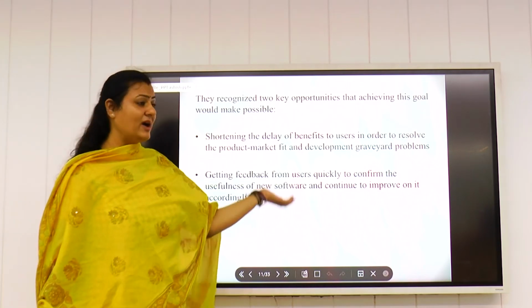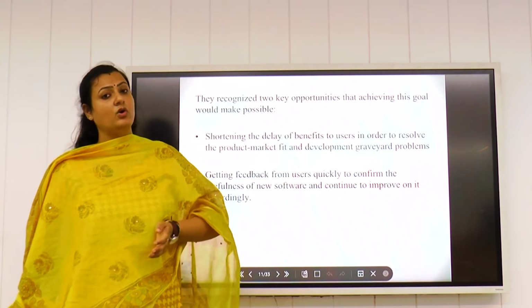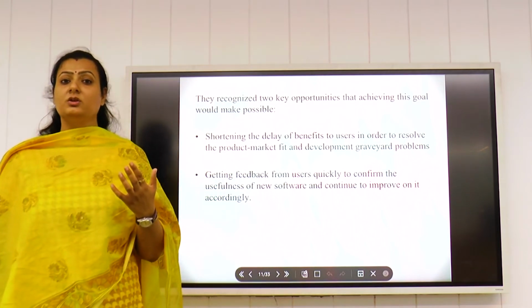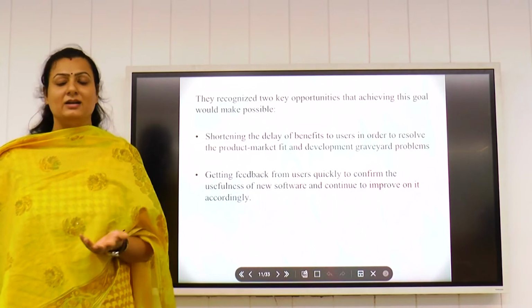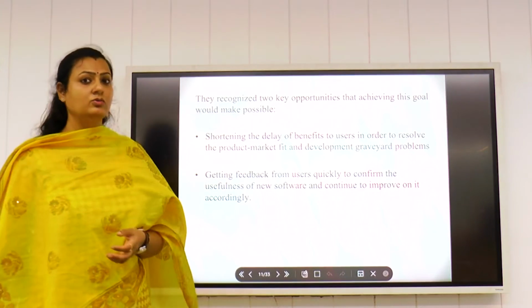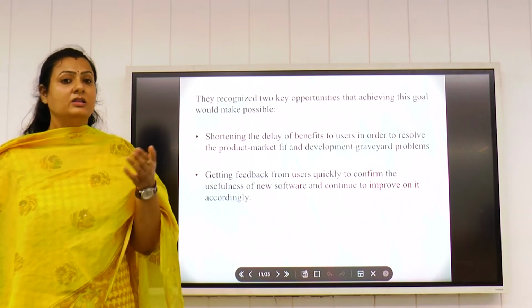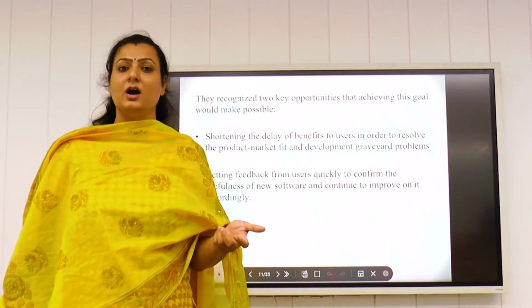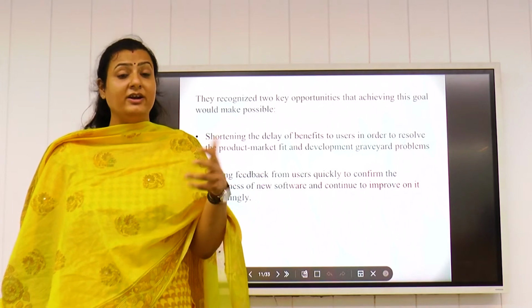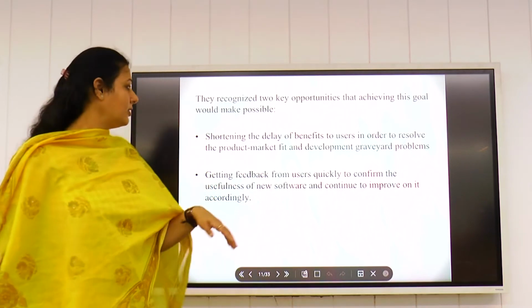Shortening the delay of benefit to the user, because if the user wants the product delivered at the earliest, or wants to add some new features, they are able to do that because it's their product. So they have to follow these methodologies, where we are ready to implement these changes in your product.